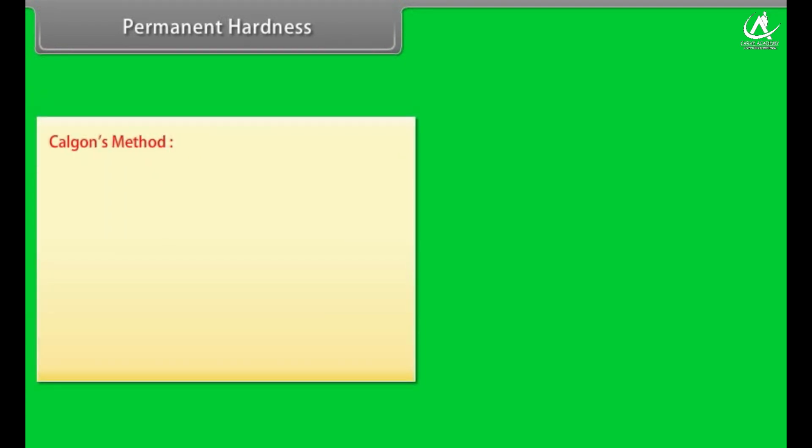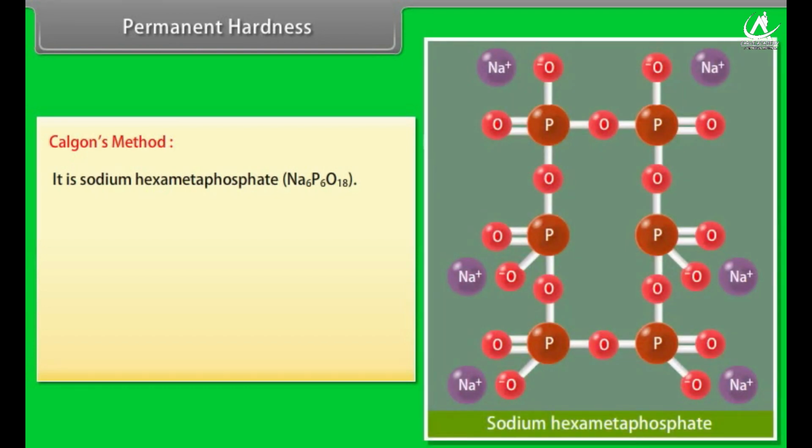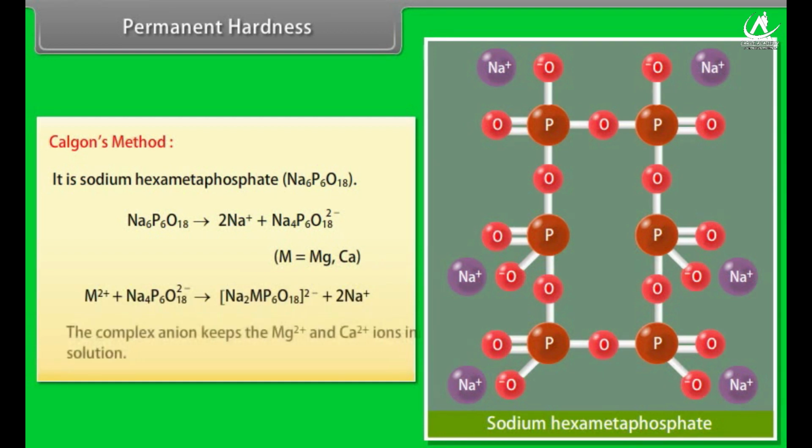Calgon's method. It is sodium hexametaphosphate. The complex anion keeps the Mg2+ and Ca2+ ions in solution. Ion exchange method.